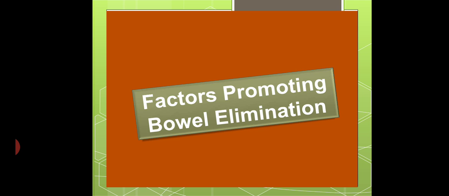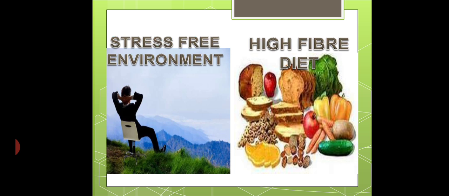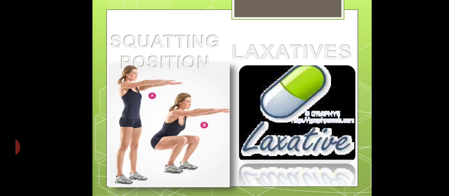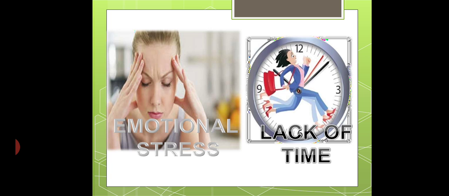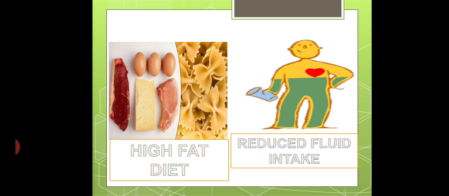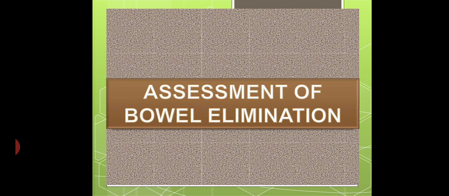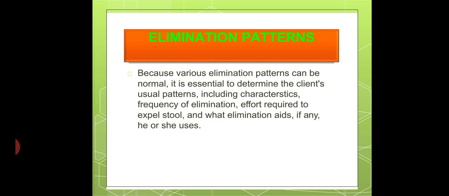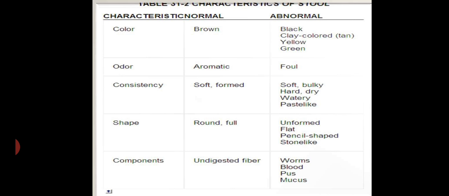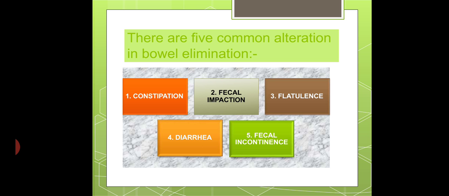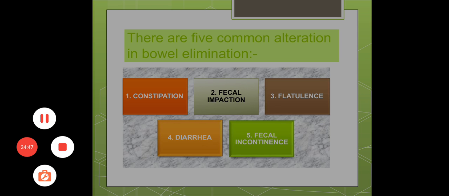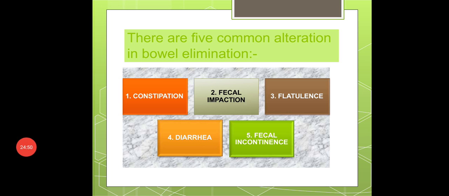Then we have seen the factors promoting bowel elimination, then the factors impairing elimination, then the assessment of bowel elimination, which is the characteristics of the bowel. The last point, which we are going to see in the next video, is the common alterations in bowel elimination. This will be dealt with in the next video.